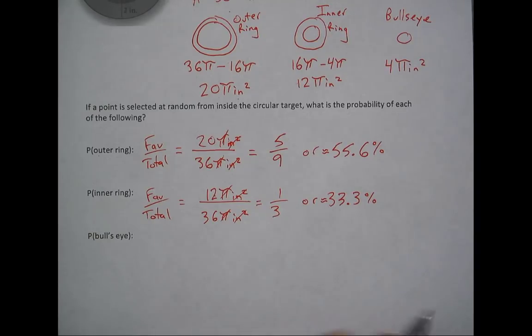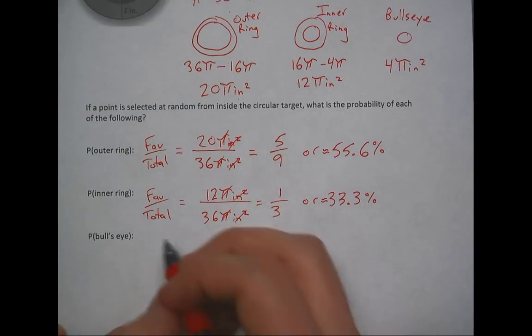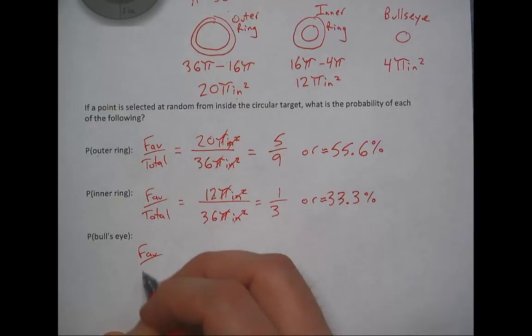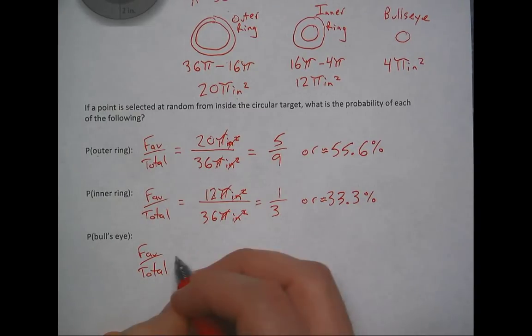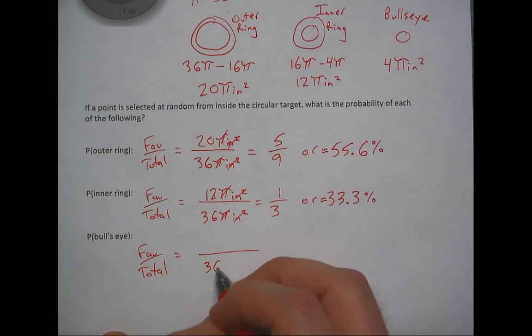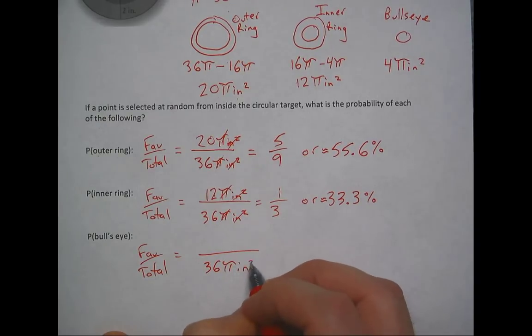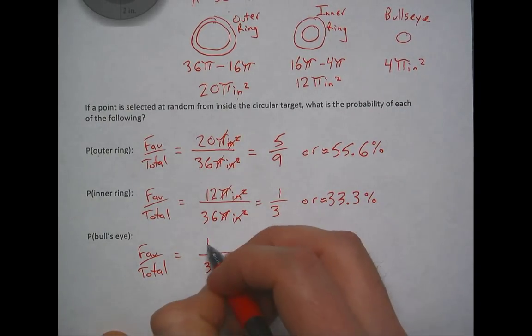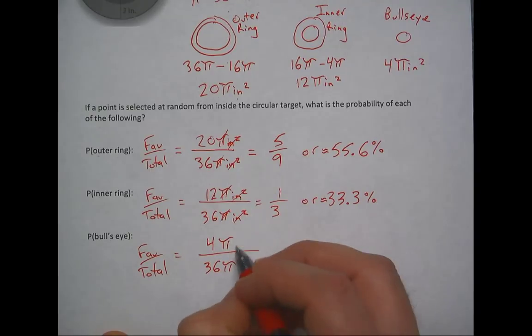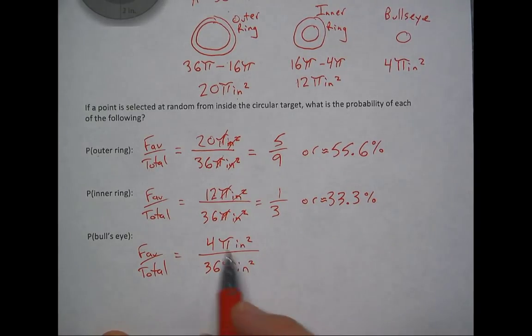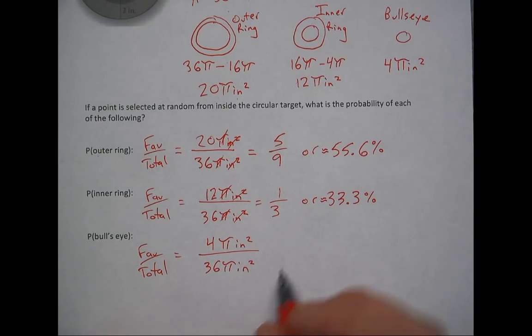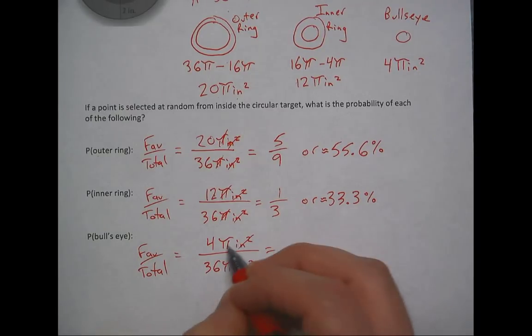And then the probability of getting a bullseye here, again, favorable outcome compared to your total number of outcomes. Total is 36 pi. Our bullseye takes up 4 pi. So compared to the total of 36 pi, the bullseye is 4 pi. What's the probability of hitting that spot? So we'll cancel everything we can cancel.